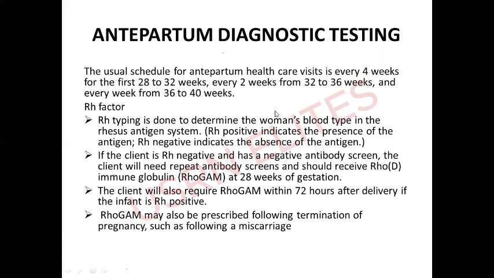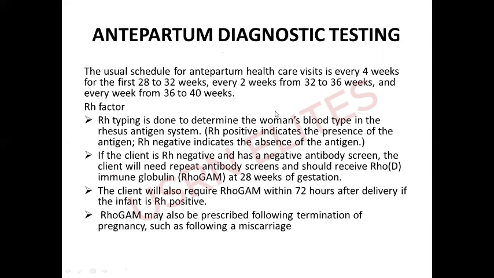Now, after delivery, we have what we call the Coombs test, direct Coombs test. So we have the indirect Coombs test and the direct Coombs test. The indirect Coombs test is what is done on the mother to determine the mother's status. Because at that point in time, around 28 weeks, you can't pick the fetus sample.